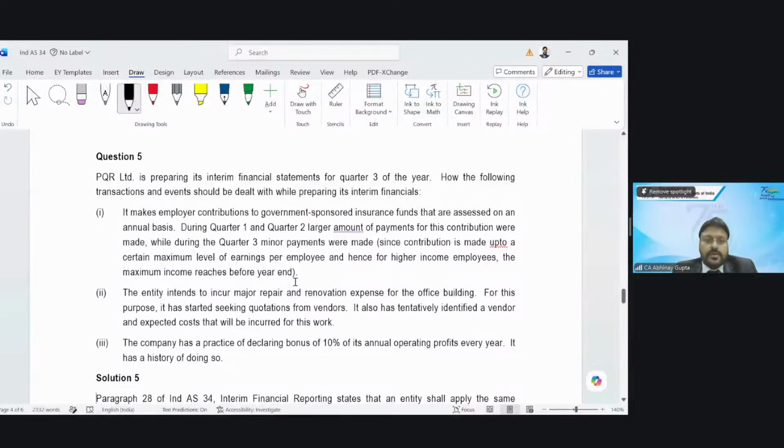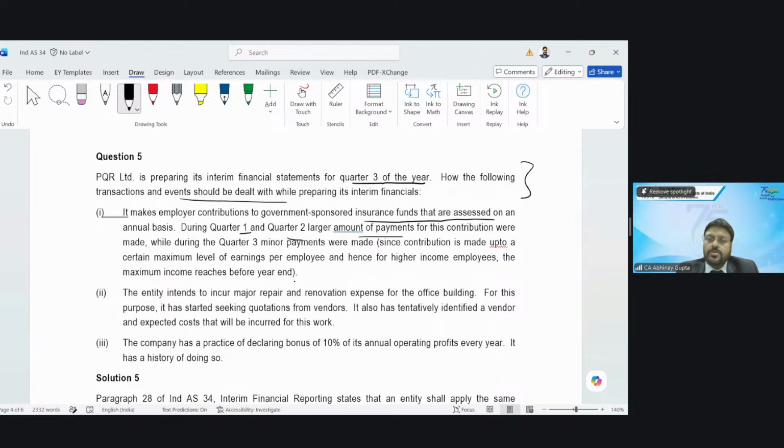Let's do this one. PQR Limited is preparing its interim financial statements for quarter 3 of the year. How should the following transactions and events be dealt with while preparing the quarterly results? It makes employer contributions to government-sponsored insurance funds that are assessed on an annual basis during quarter 1 and quarter 2.